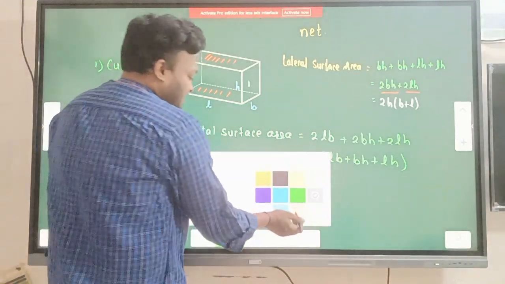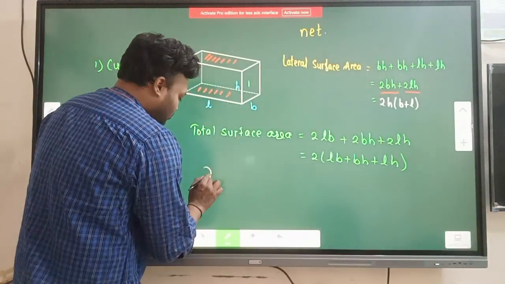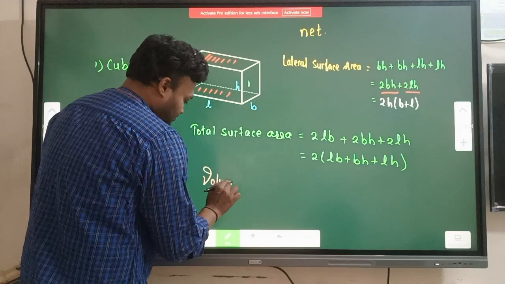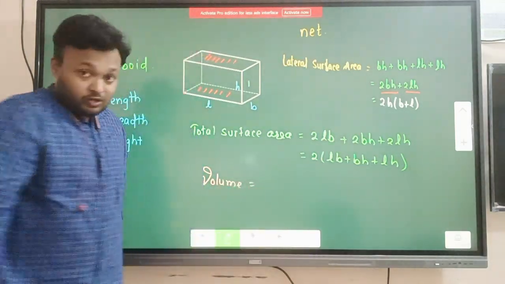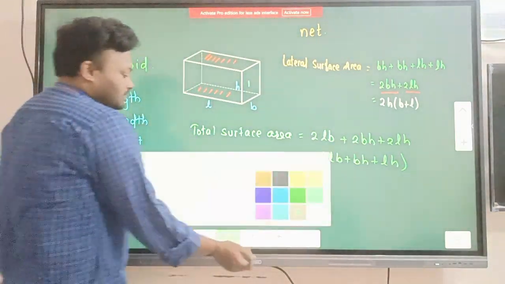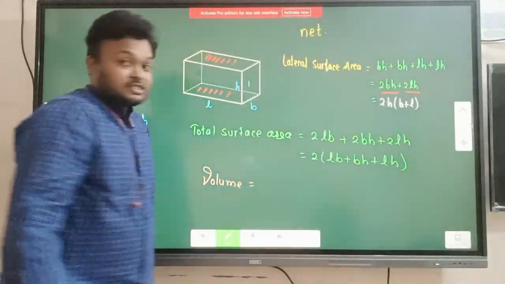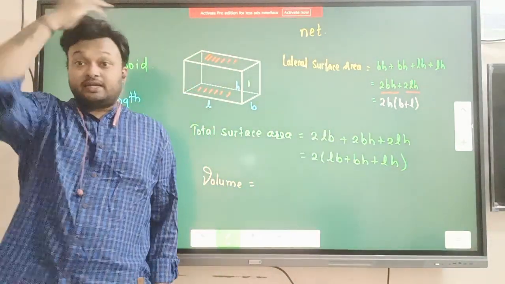Now what is remaining in the end? We have volume. Volume means the total space occupied by the entire object.